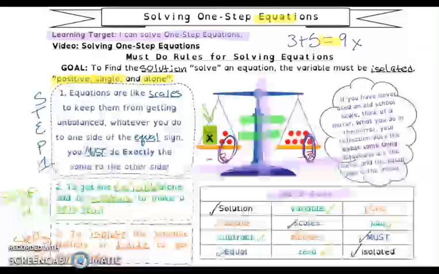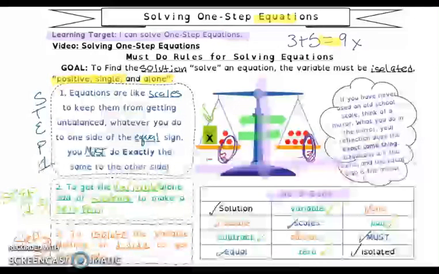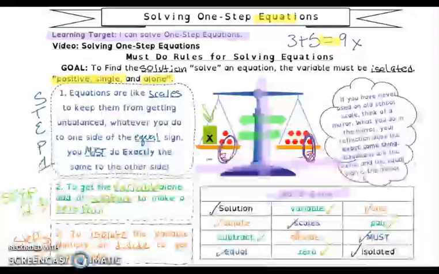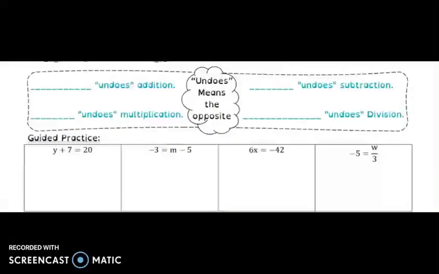All right, so let's go down and talk about some inverse and how those work really quick. All right, so we recently talked about inverse and what inverse is. So really quickly, I want you to take a second and recall, what does the word inverse mean?